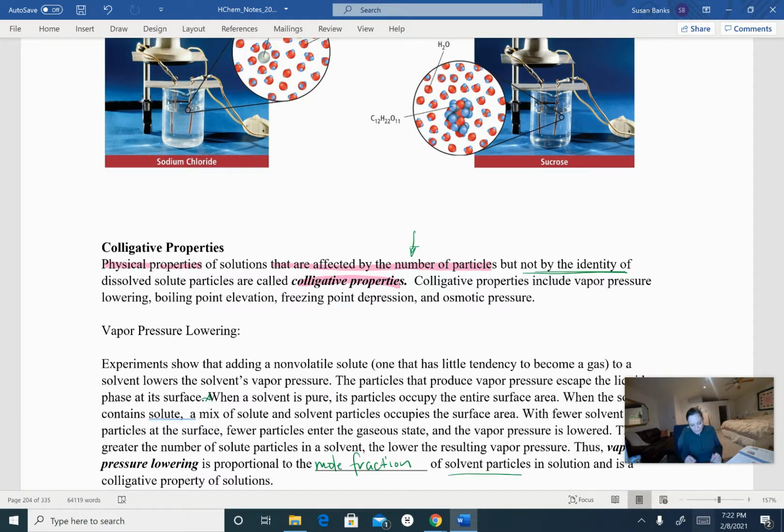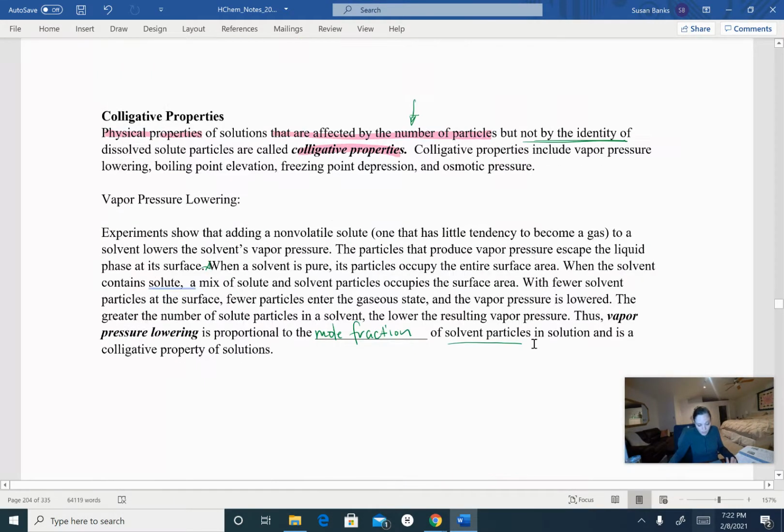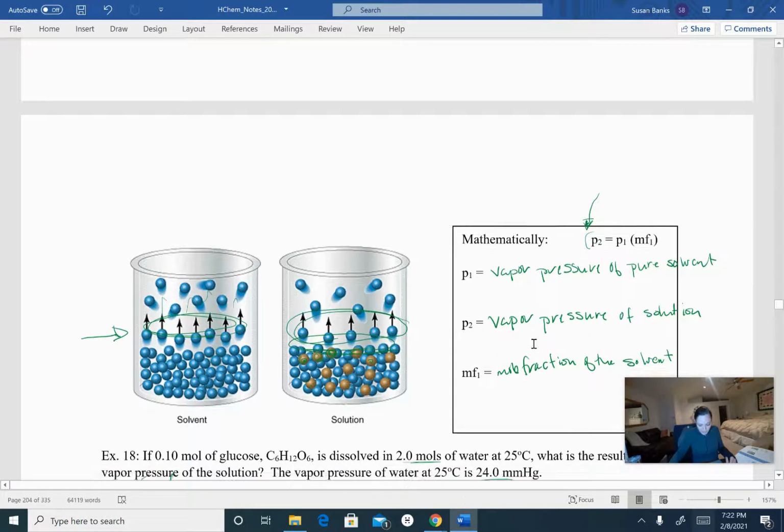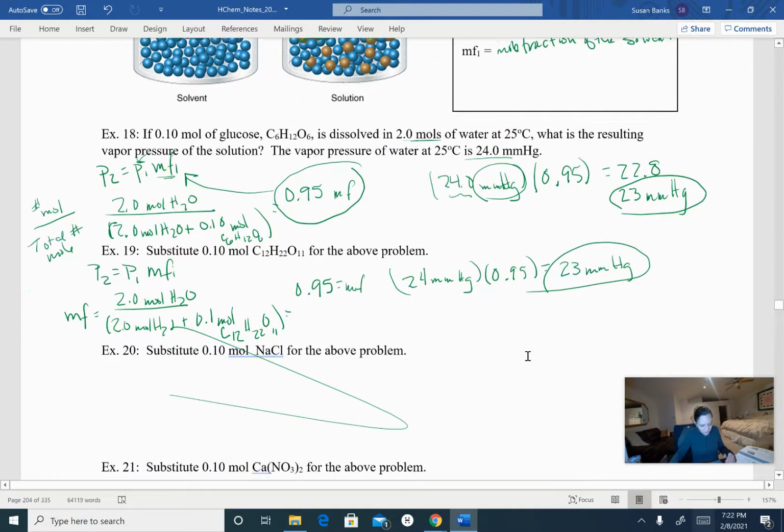It didn't matter if I was dissolving glucose or sucrose. It just mattered the number. Since the mole fraction for both of those problems was the same, the effect is going to be the same, even though sucrose weighs almost double what glucose does.